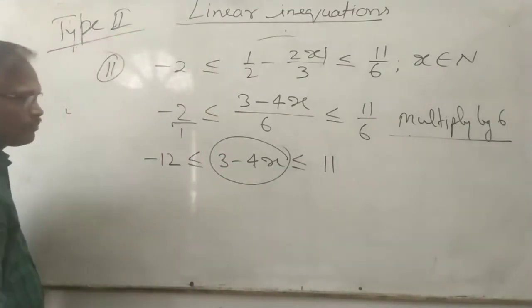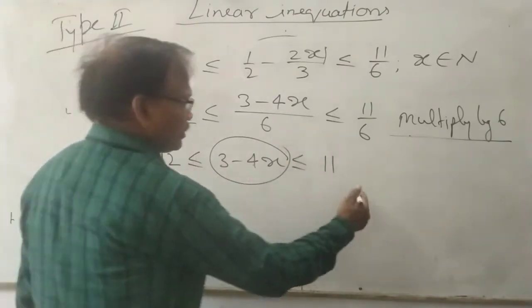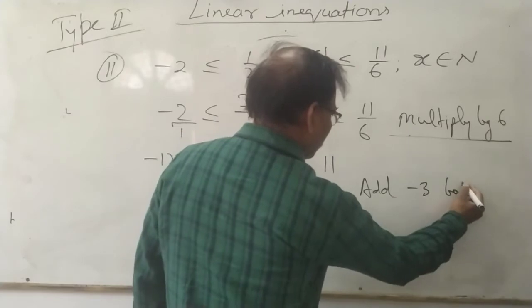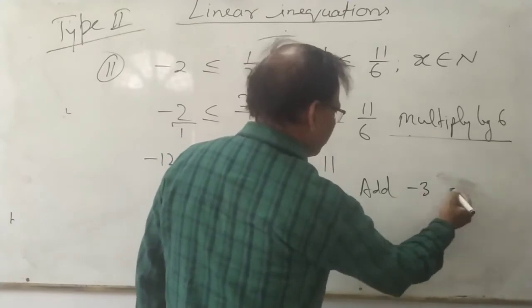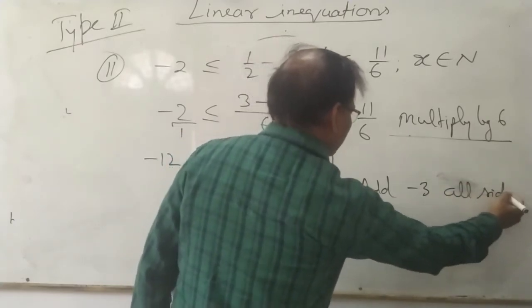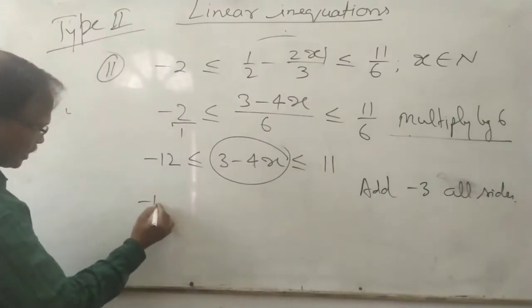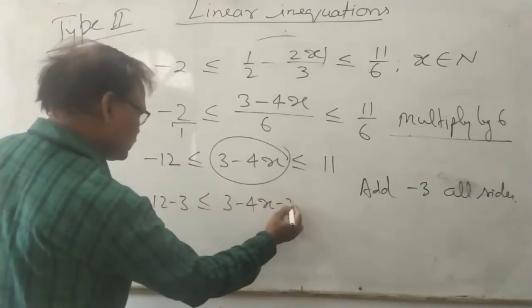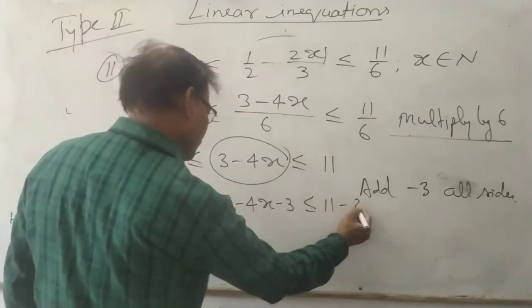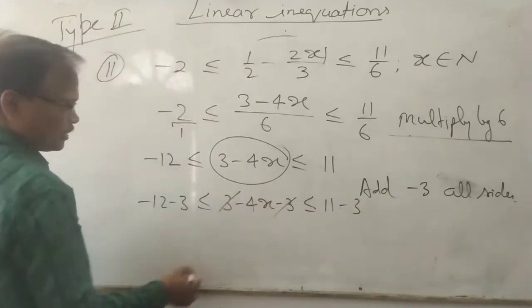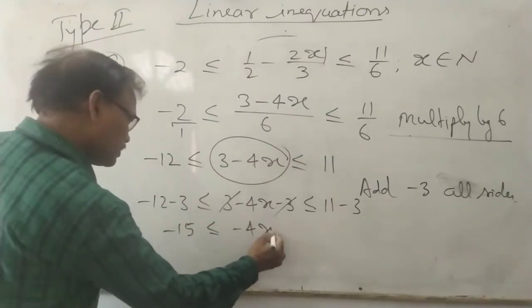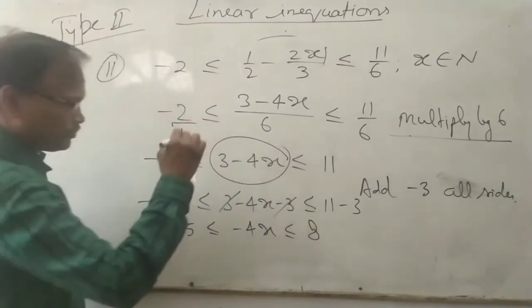So 3 is there. So add minus 3 on all the sides. What you will get: minus 12 minus 3, 3 minus 4x minus 3, 11 minus 3. So this 3 and 3 will be cancelled. Minus 15, minus 4x and 8. Clear?